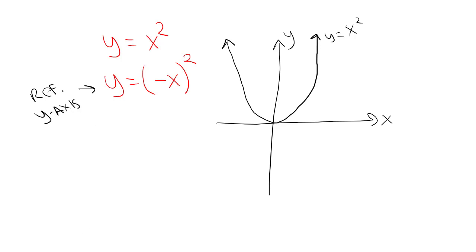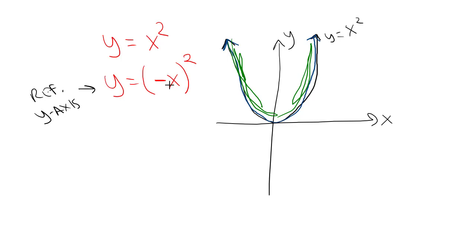So check it out. If this is my original graph, and I take this part of the graph and reflect it over the y-axis, I get this part. And same thing, if I take this part right here and reflect it over the y-axis, I get this part. So in fact, a reflection over the y-axis, you just end up with the exact same graph.